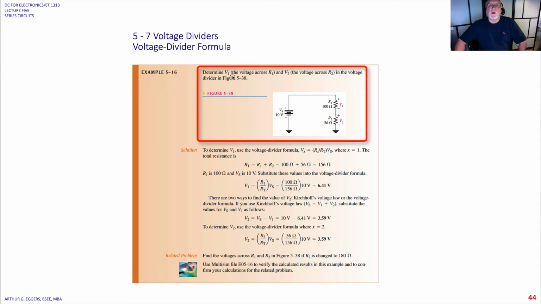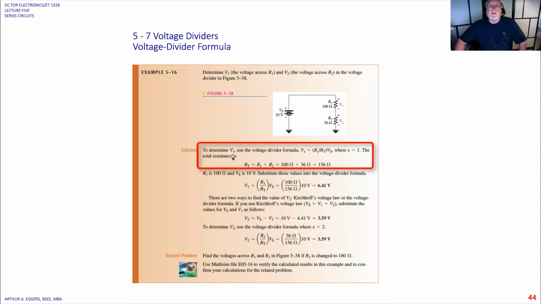Determine V1, the voltage across R1, which is up here on the top, and V2, the voltage across R2, in the voltage divider. In both cases, we are given resistor values, 100 ohms and 56 ohms, and we have our total voltage. To determine V1, use the voltage divider formula.